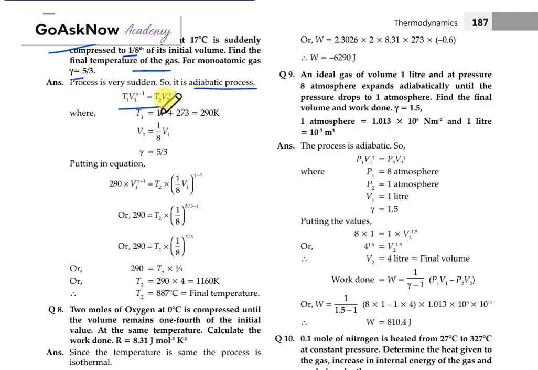Then we write the equation, T1 V1 to the power gamma minus 1 equals T2 times 1/8 V1 to the power gamma minus 1, and substitute all the values according to the question. We simplify this and get T2 equal to 887 degrees Celsius, which is the final temperature of the gas.